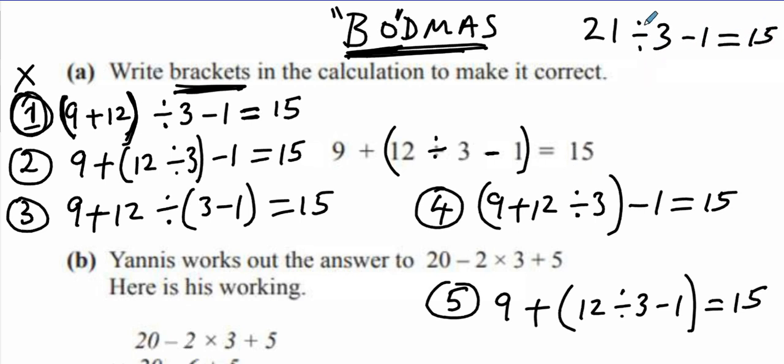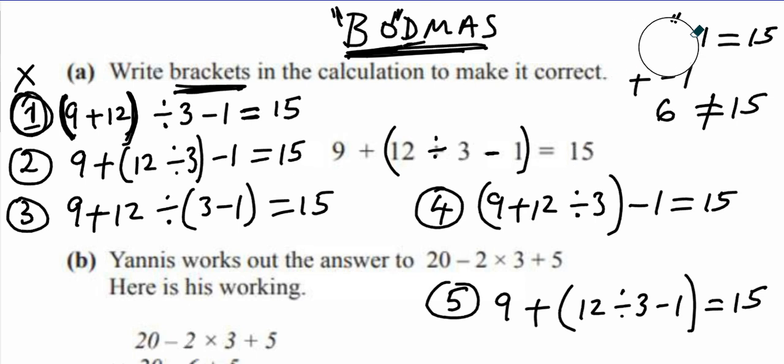Let us see. After brackets comes division. So 21 divided by 3 is 7. Then after division, you do minus 1. Now 7 minus 1 is equal to 6. But the answer is supposed to be 15. So since 6 is not equal to 15, the first possibility is not correct.